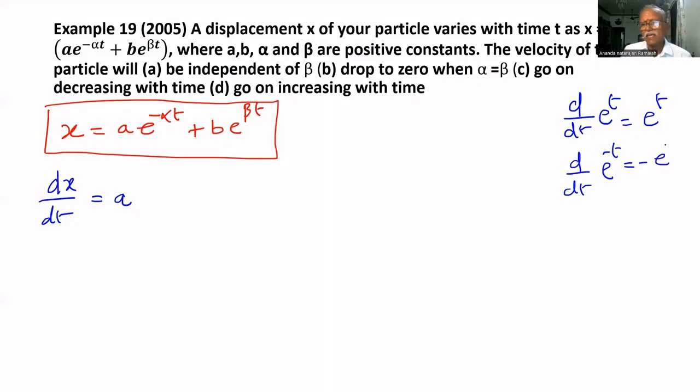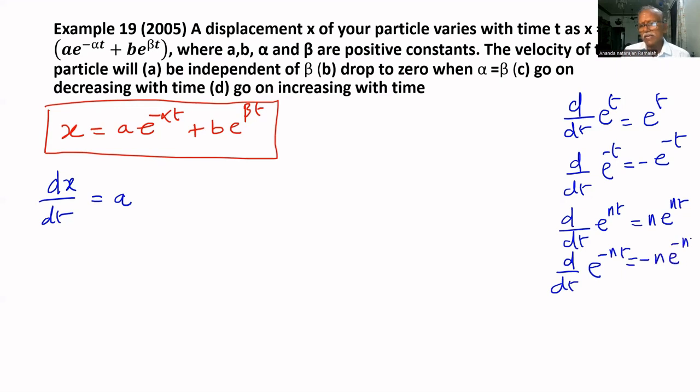Generally, d by dt of e power nt equals n e power nt, and d by dt of e power minus nt equals minus n e power minus nt.